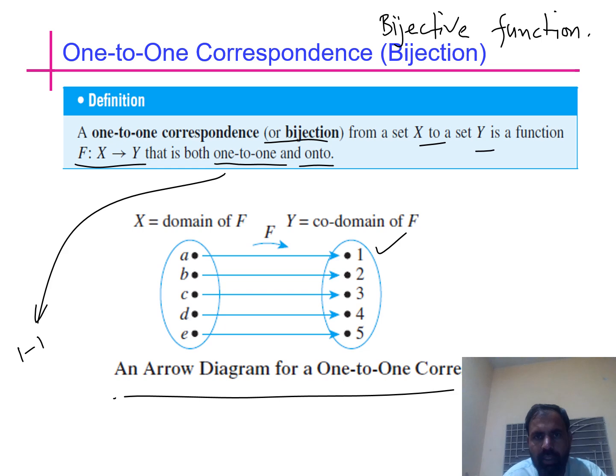Bijective actually means combining two things: one is onto, and the second is one-to-one. Here we give the example of bijective. It is one-to-one also, and no element is left in the codomain.